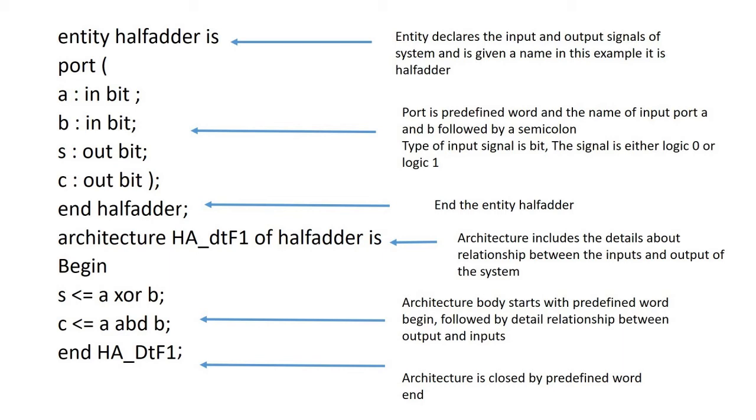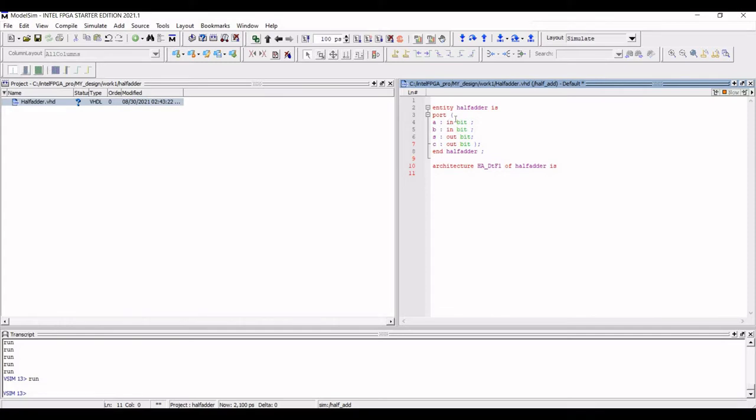The architecture HA_DTF1 recognizes the information which is declared in the entity, such as the name and type of ports. The architecture body starts with the predefined word begin, followed by the detailed relationship between the outputs and inputs.